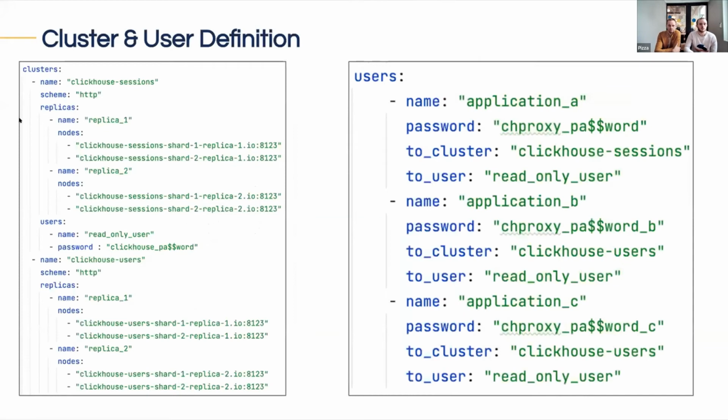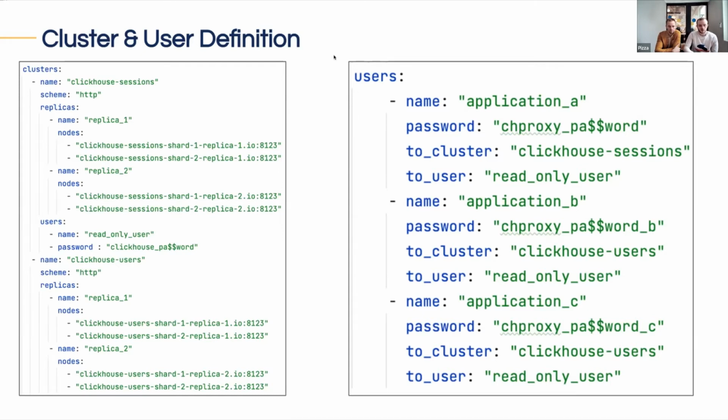First of all, what we need to do is to define clusters. Here, for example, you can find an example of configuration where we create the ClickHouse session cluster. We specify that this cluster will have 2 sets of replicas because we have 2 shards and 2 replicas. We also specify the user to connect to ClickHouse.